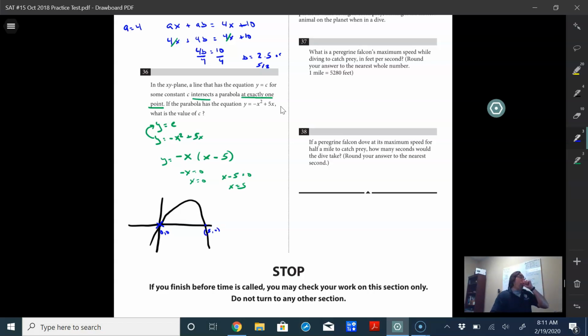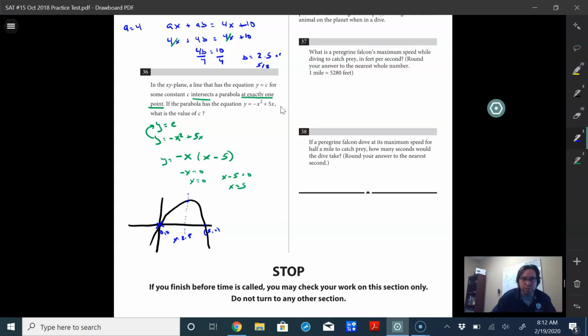For that reason, we now know that the x in the center, because the vertex has to be split in half, has to be at 2.5. So the x value has to be at 2.5.